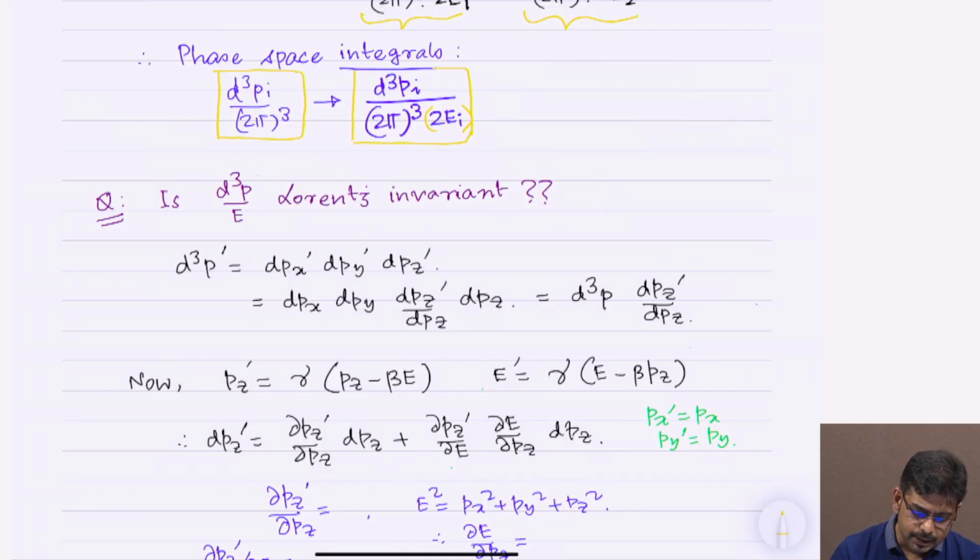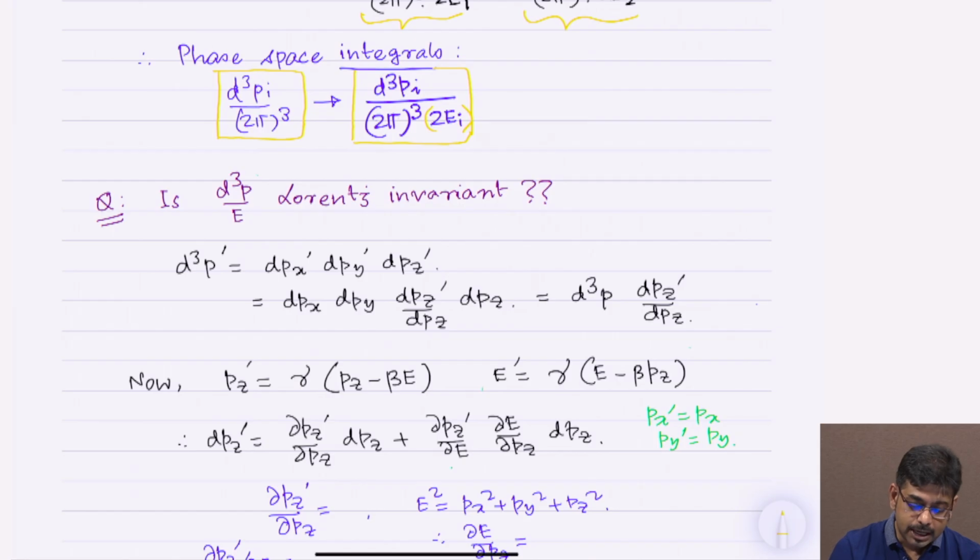Now if I want to rewrite it in terms of the S frame, the frame which is not moving, then we can say that this is dpx dpy dpz times dpz prime by dpz. Now why did I write it in this particular way? Because I am assuming that the motion is happening along the z direction. Okay?